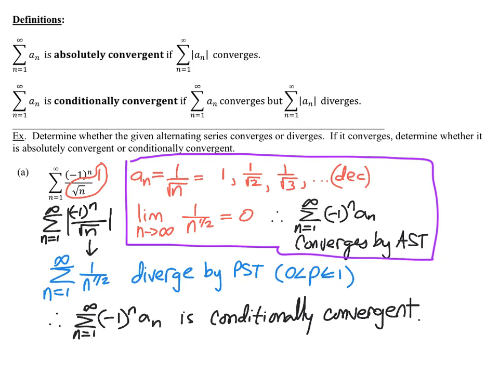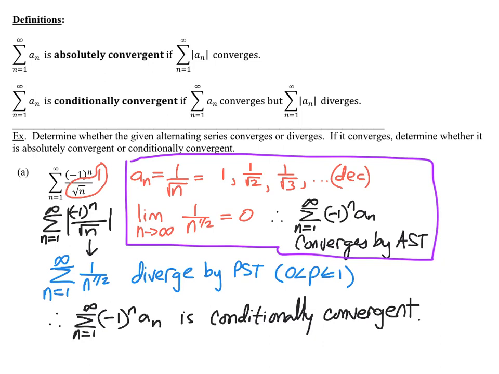So first you establish this alternating series, then get into the characteristics of an alternating series, then determine whether it converges or diverges. If it diverges, you're done, right? It's not going to be absolutely or conditionally convergent if it's a divergent series, all right?